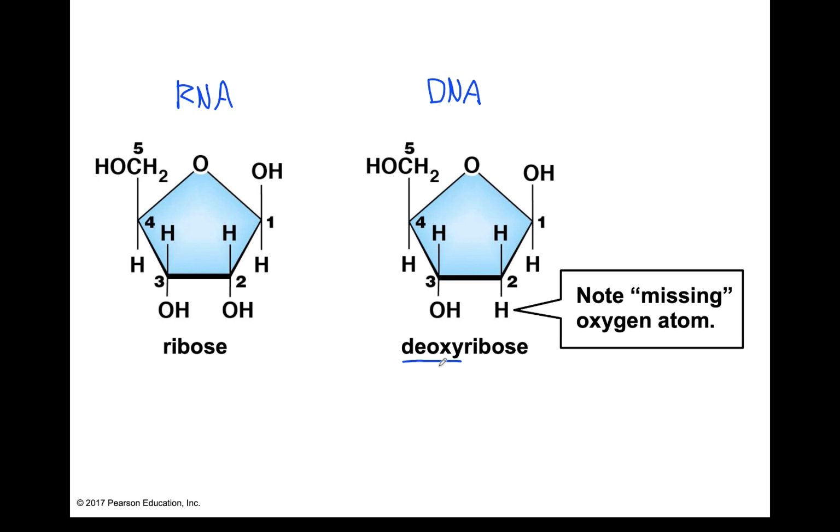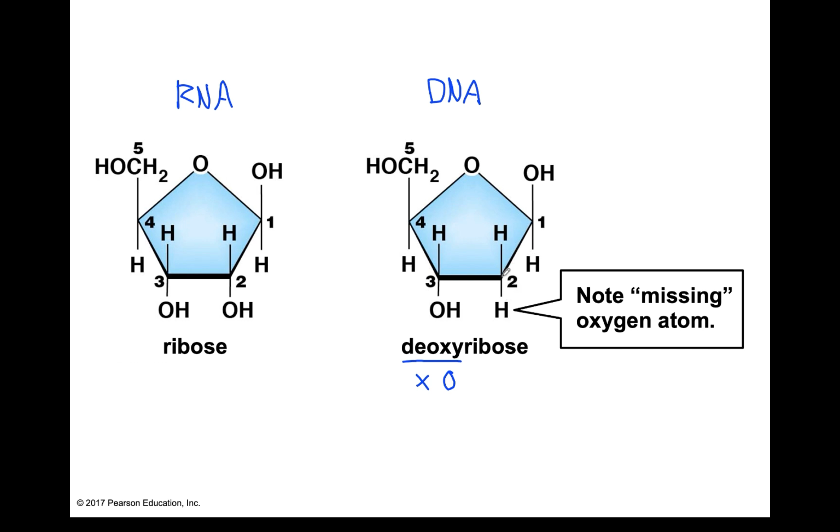Oxy means oxygen, and de means no oxygen. When you look at the second carbon position between RNA and DNA, DNA does not have oxygen here. The oxygen atom is missing. Deoxy means no oxygen at the second position of carbon.